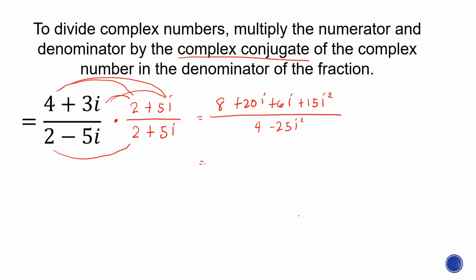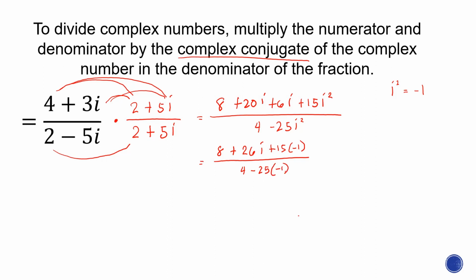Okay. Now, again, let me just remind you that i squared is equal to negative 1. Which means this is equal to 8 plus 26i, plus 15 times negative 1, over 4 minus 25 times negative 1.